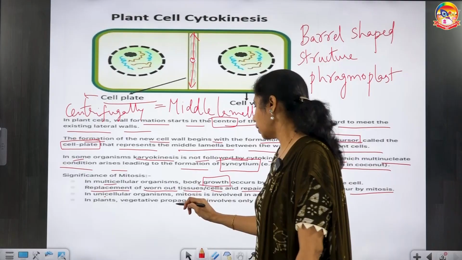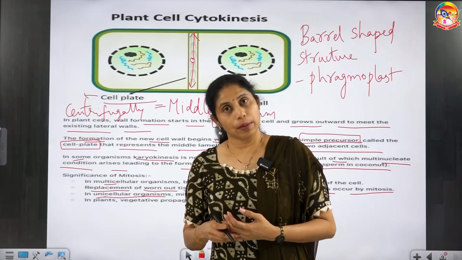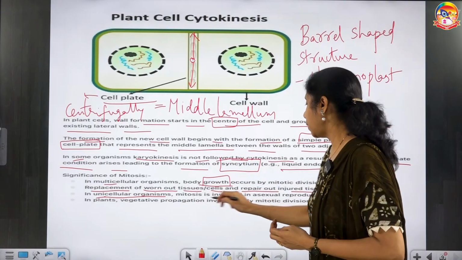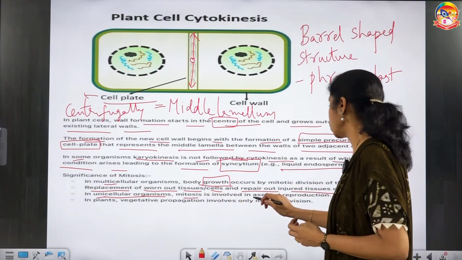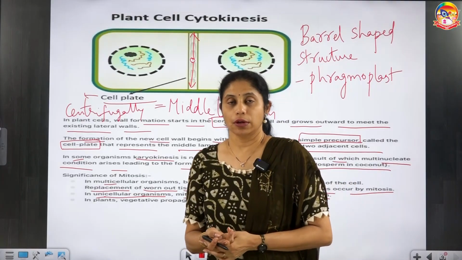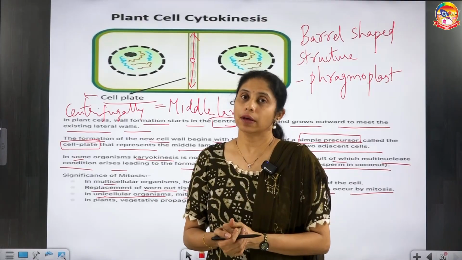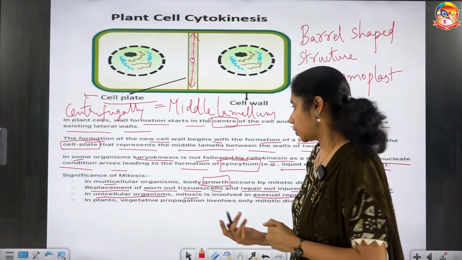In unicellular organisms like Euglena and Amoeba, mitosis is involved in asexual reproduction.